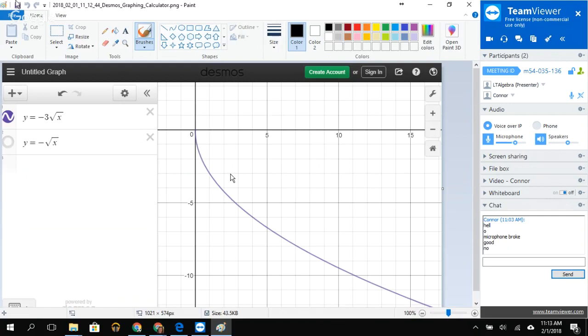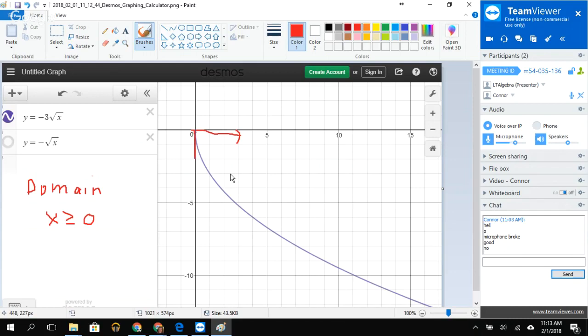Okay, so the domain, again, is our x values. So our domain is x is greater than or equal to 0, because again, 0 is one of those values, right? But whatever x we use has to be greater than or equal to 0.